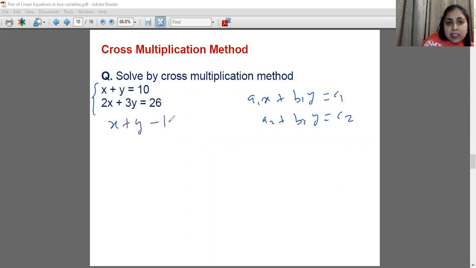Write it so that everything is on the left hand side and the right hand side should be 0. 2x plus 3y minus 26 is 0. Now what is this? Coefficient of x, coefficient of y, constant terms. Now here I can also do this thing for you.